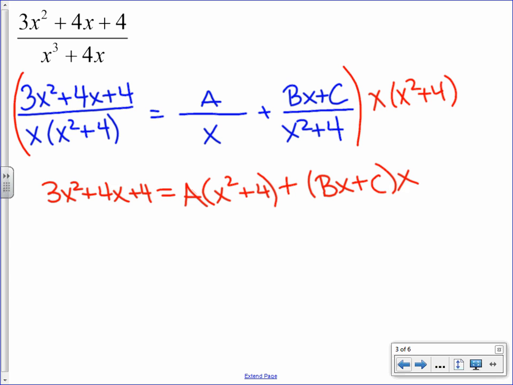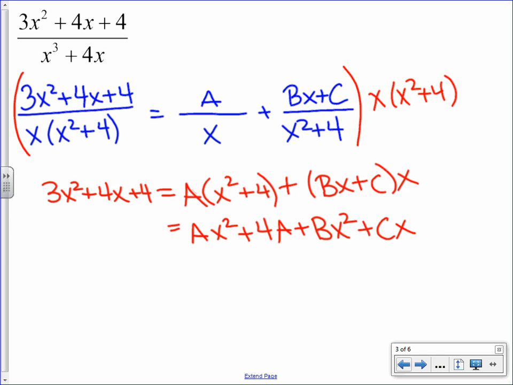Okay? So another way we can look at these problems is that we have an equation, right? So what would happen if we multiply everything out on the right side? Let's do some distributing, okay? A times x squared plus 4 is ax squared plus 4a. Okay. And bx plus c times x would be bx squared plus cx.